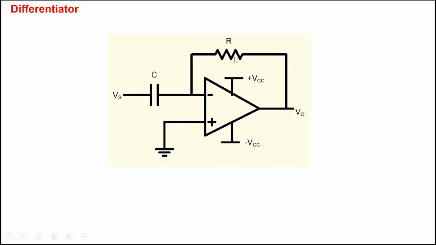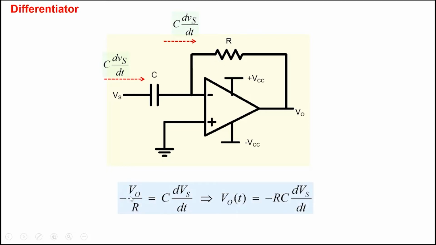All right, so we can integrate, and we can differentiate also. All that it requires is a shifting of the capacitor. The current through the capacitor, note that again this node is 0, is C dVs by dt, and the same current flows through the resistor. Then we write Ohm's law: minus V naught by R equals the current, so minus V naught by R equals C dVs by dt.